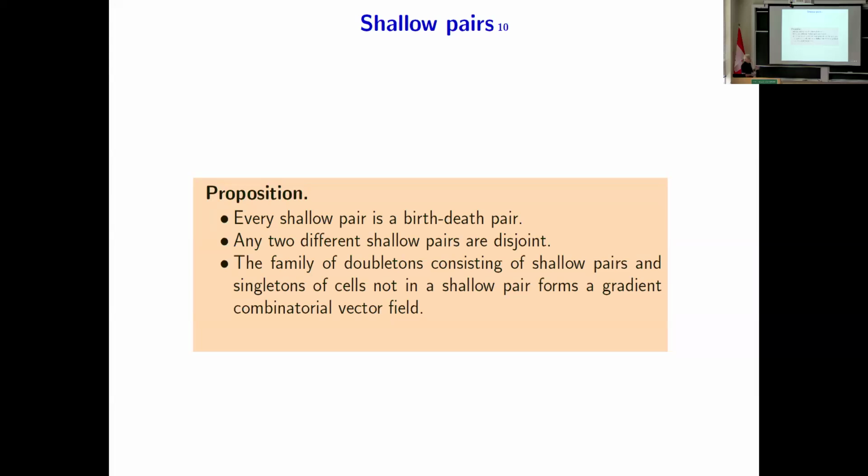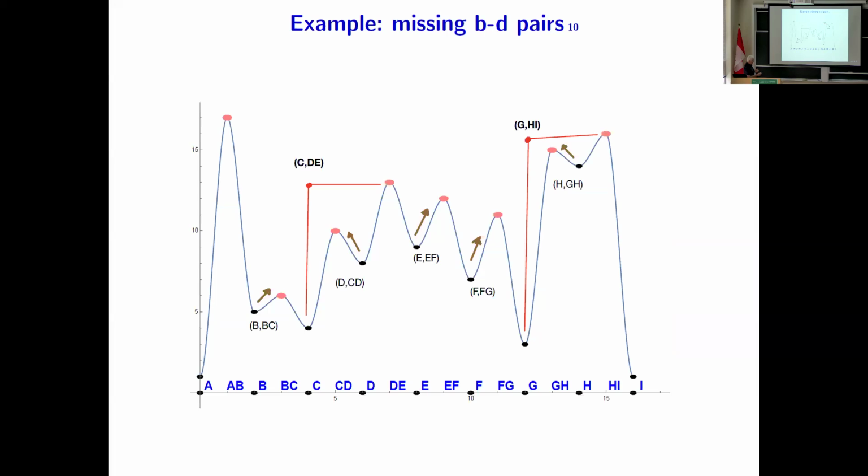And this is done via a dynamical system. In classical Morse theory, there is a gradient vector field producing a gradient dynamical system. Here is this combinatorial analog. So we'll use these shallow pairs to build such a system.